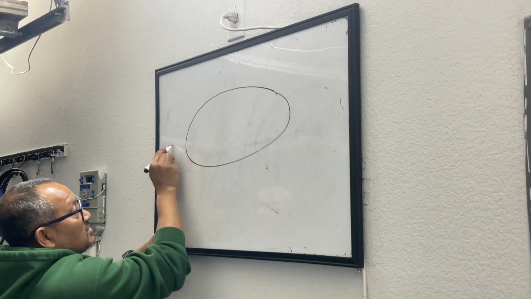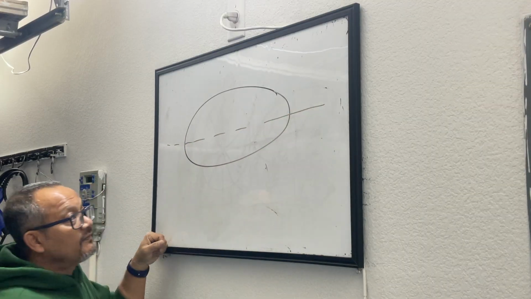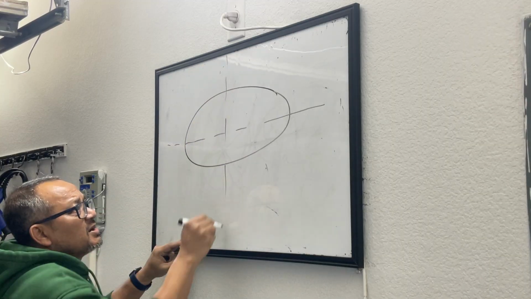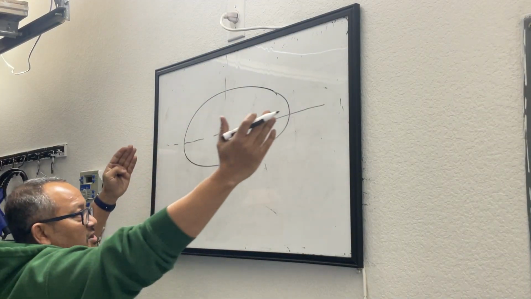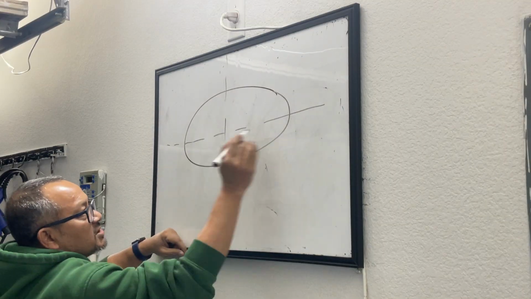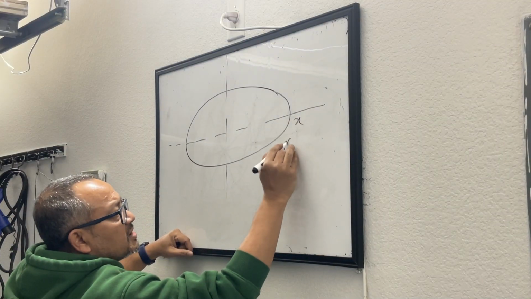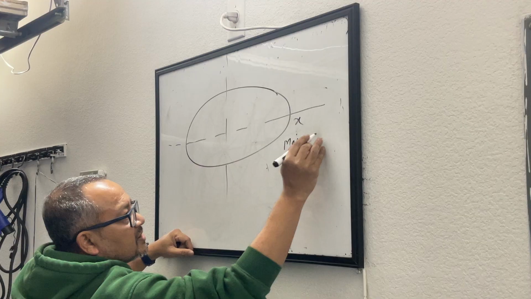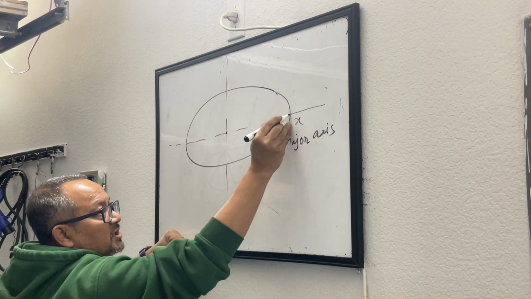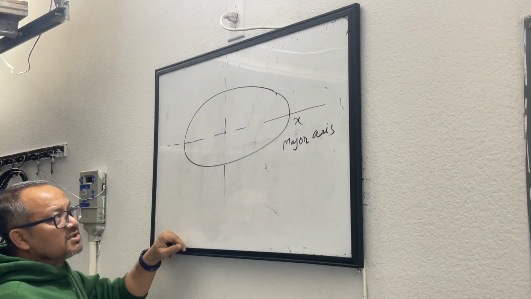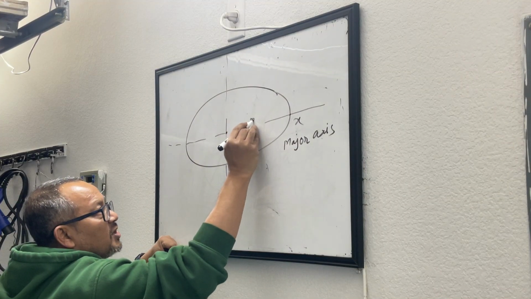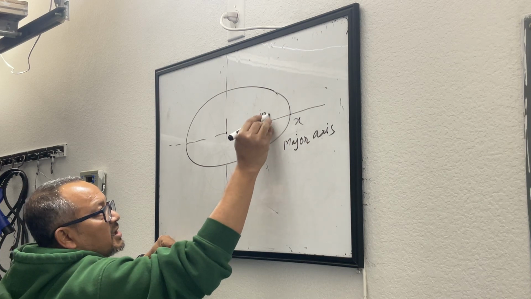Obviously, as we discussed so far, you have one dimension along which it is wider or has more length. So this is called the major axis. So from the center to the boundary along the major axis, this distance is called the major radius.